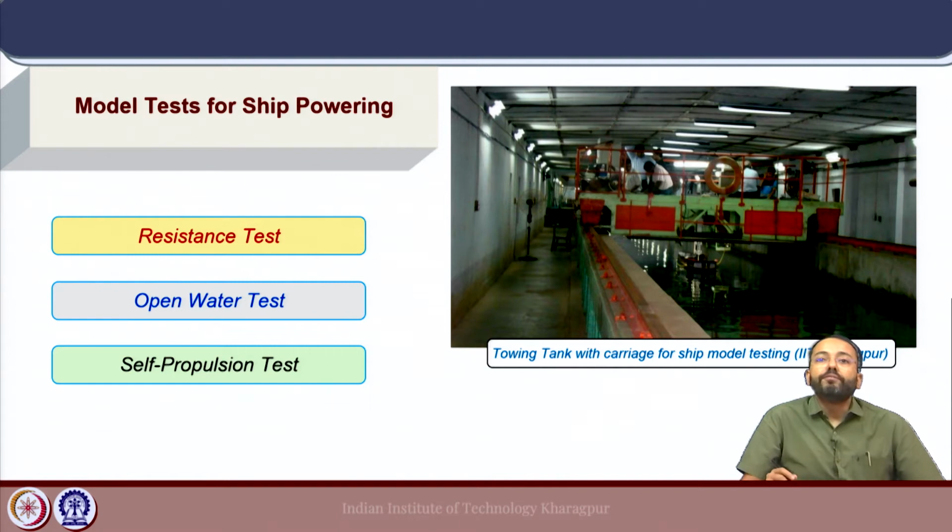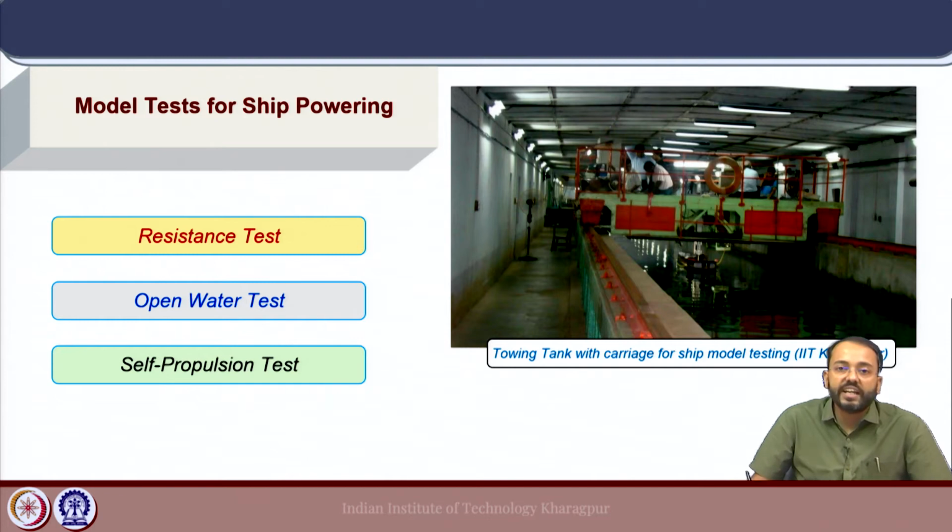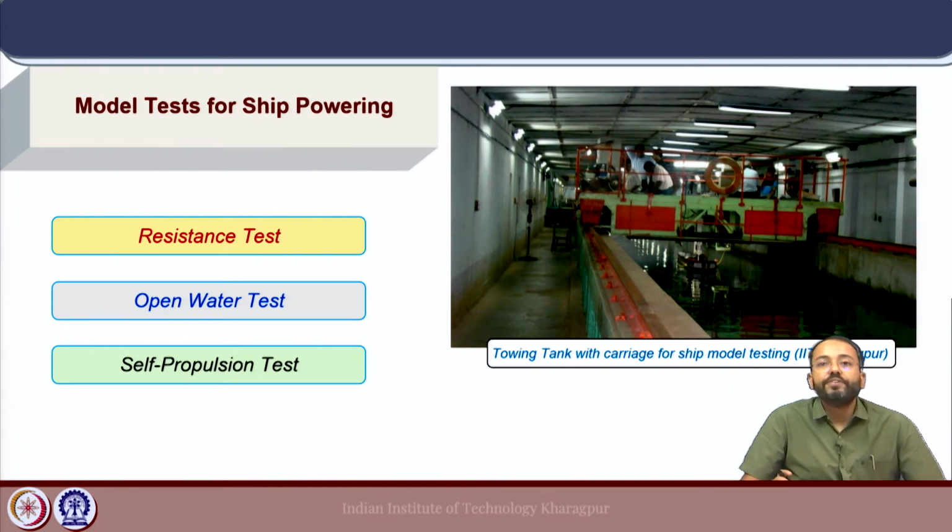Here a picture of the towing tank facility at IIT Kharagpur in the Department of Ocean Engineering and Naval Architecture is shown, where we have a tank with rails fitted along the two walls of the tank, on which a carriage moves along the length of the tank, and the ship model is attached to the carriage and it is towed at a specific speed as per the model requirements, and we measure the ship speed as well as the ship resistance, and for propulsion tests we measure the propeller thrust and torque for the designated conditions.